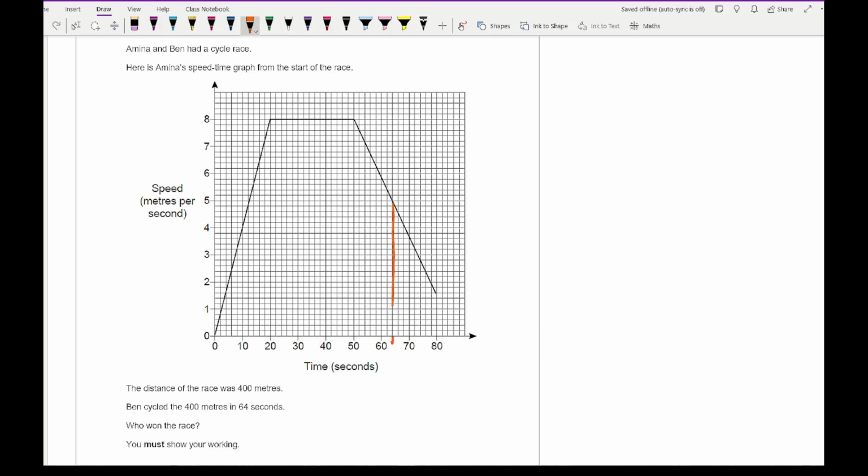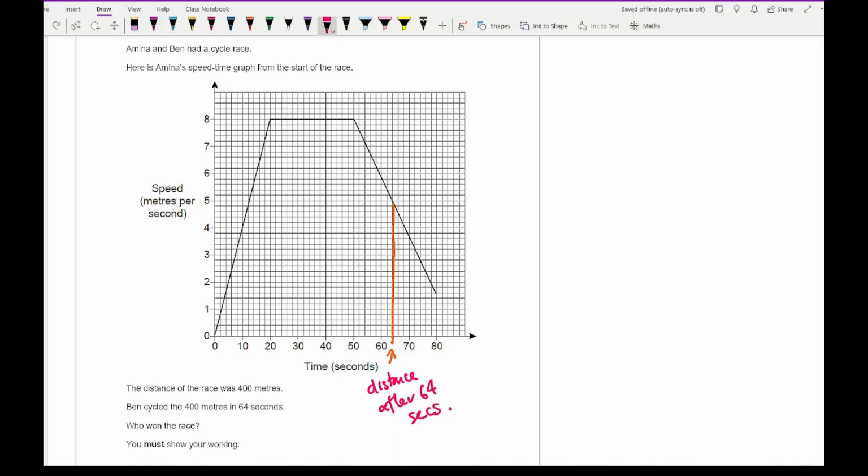Whoever travelled more had won the race. And there we go. So let's have a look at where Amina was at the 64 second stage. So this line here is the 64 second mark, or the distance after 64 seconds. Actually, right, that's a bit better. So the distance after 64 seconds.